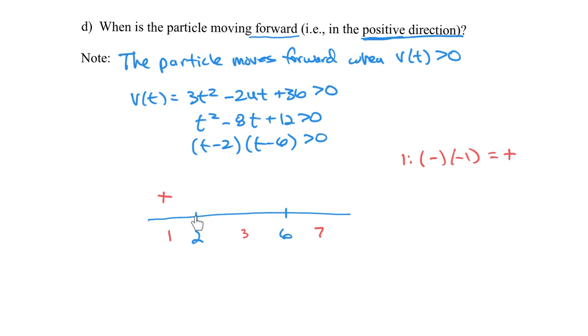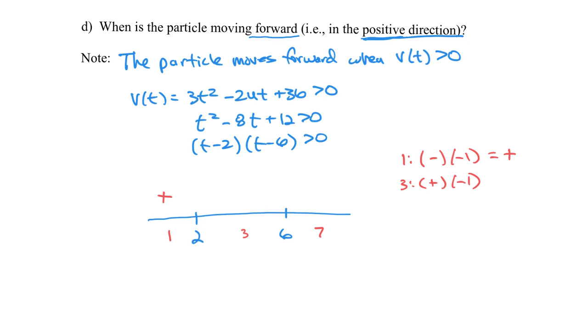And then I know the velocity is 0 here, so let's see what it does on this region. If I plug the 3 in here, 3 minus 2 is 1, that's positive. So basically what I'm saying is we don't have to calculate the number to know what it is. We just need to know if the number is positive or negative. I know when I plug a 3 in here, I'm going to get a positive number. Put a 3 in here, 3 minus 6, that's going to be a negative number.